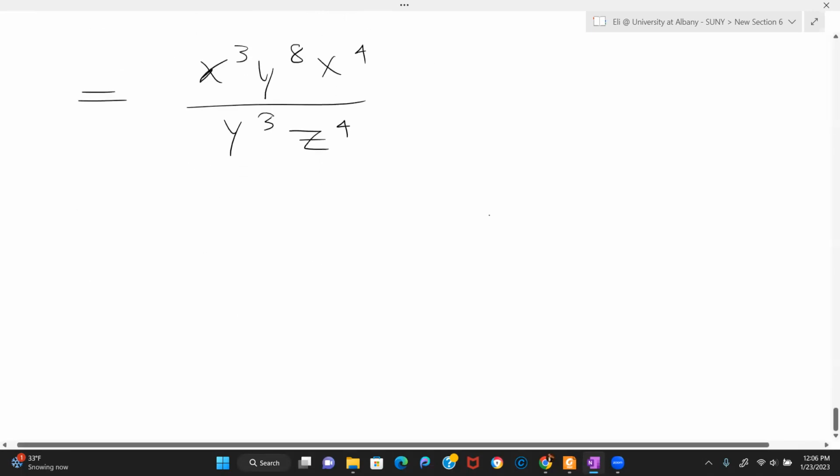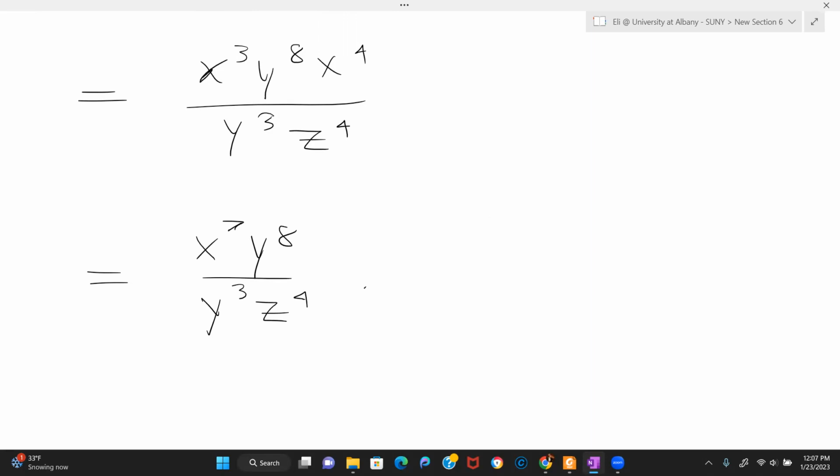And then I can use the commutative property of real numbers to put these two terms together. When you multiply them, you add their exponents. So it's going to be x to the seventh, y to the eighth over y cubed, z to the fourth. And that's it. You're done there.